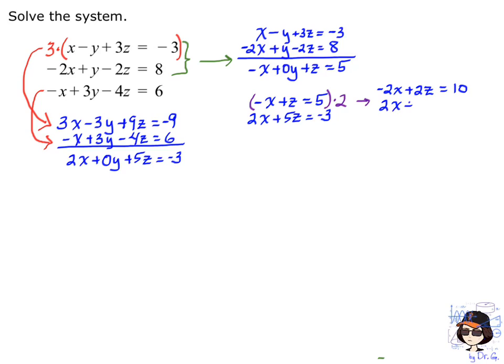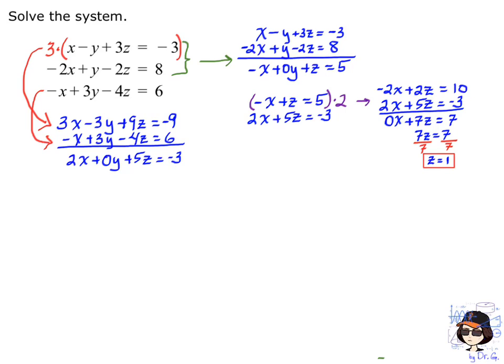If I write the second equation right below that and add them together, I've gotten rid of the x. So I get 7z equals 7. Divide both sides by 7, and I wind up with z equals 1.